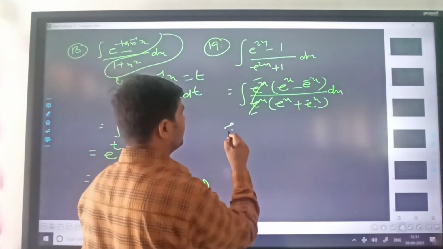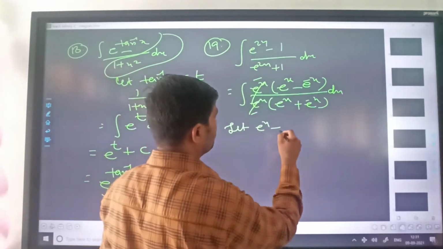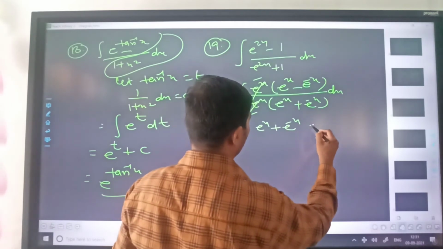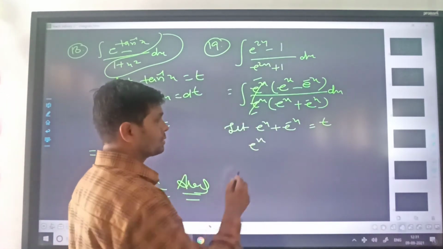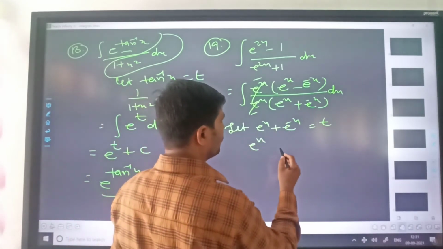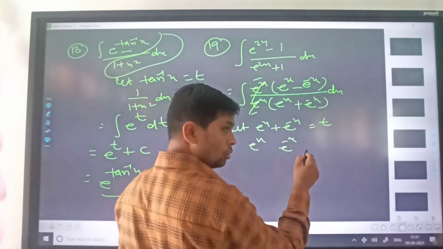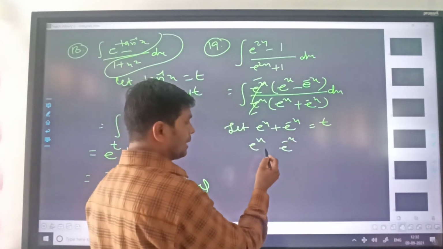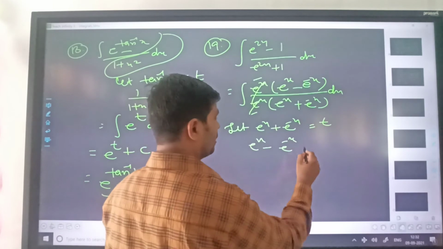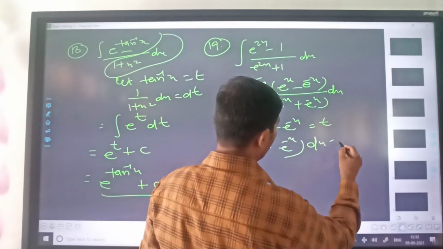So now you can consider let e raised to the power x plus e raised to the power minus x equals t. You can easily see the derivative of e raised to the power x is e raised to the power x, and the derivative of e raised to the power minus x is e raised to the power minus x into minus 1. So it will be minus, and it will be dx equals dt.